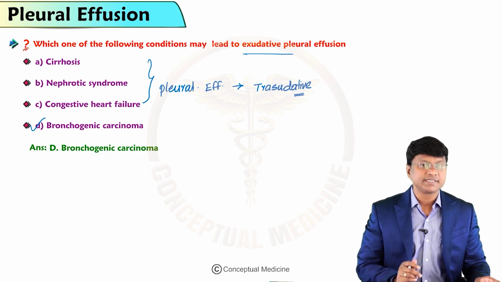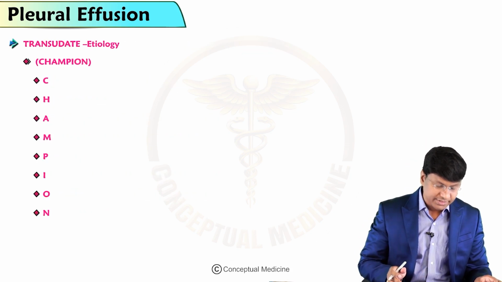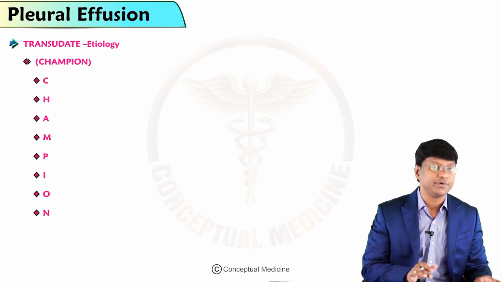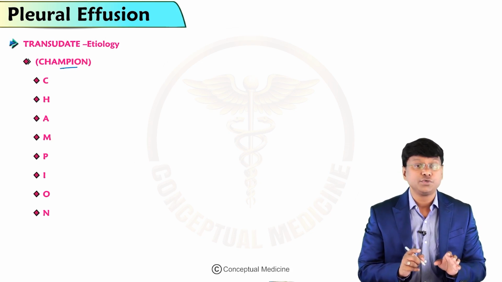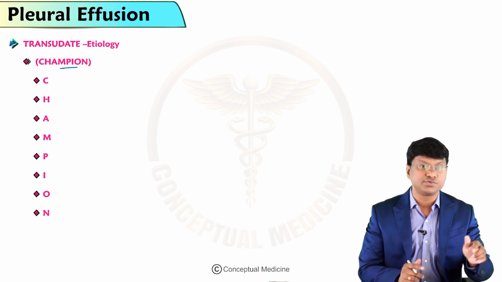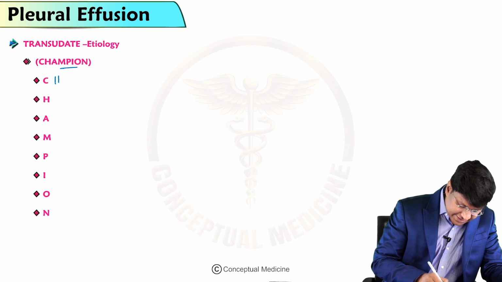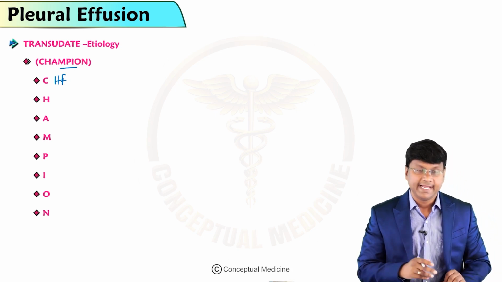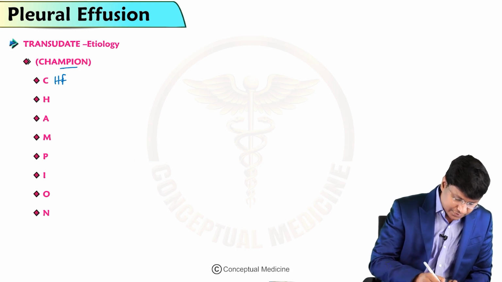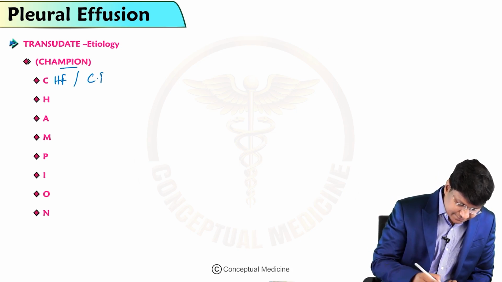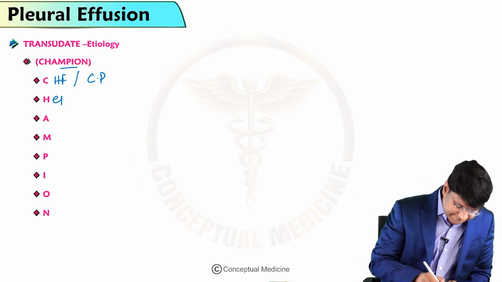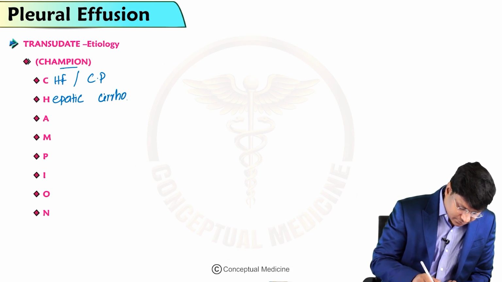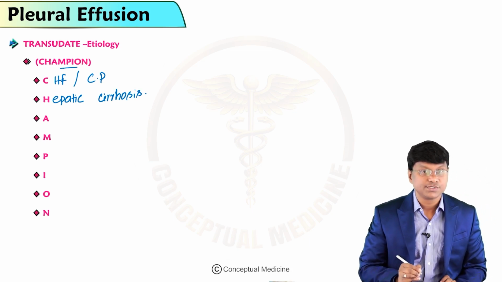Now let me discuss the etiologies which will cause transudative type of pleural effusion. The mnemonic for that is CHAMP. First of all, you should know the most common cause for transudative type of pleural effusion. That is your CHF, congestive heart failure. And other causes for transudative include constrictive pericarditis. CP stands for constrictive pericarditis. H stands for hepatic cirrhosis.